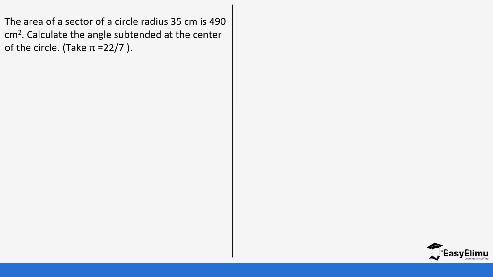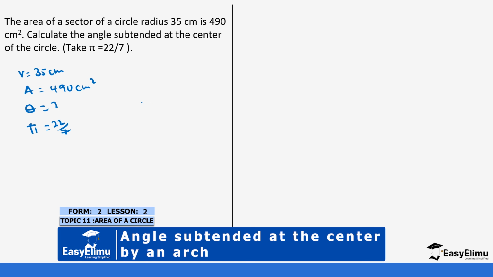And finally, the last question: the area of a sector of a circle with radius 35 centimeters is 490 centimeters squared. Calculate the angle subtended at the center, and you have been given pi as 22/7. You can also be given pi as 3.142 or another value, so always check what you've been given first before you conclude on using 22/7.